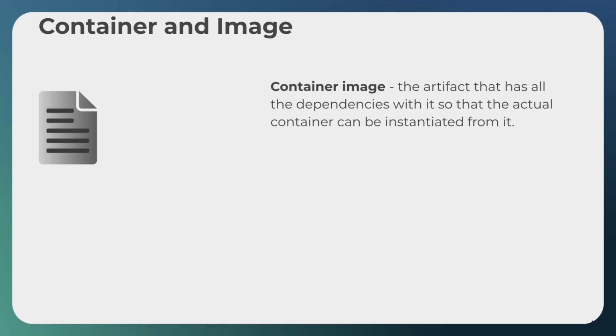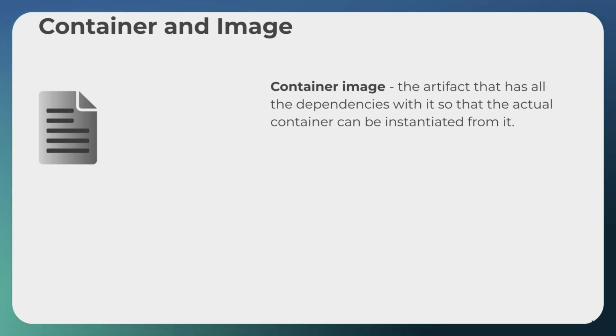Now, the next thing we need to look at is the difference between a container and an image, because this is the part where we're going to look at the lingo, the language, which is very important so we understand exactly what's happening. In order for us to have an actual container which can be run, we need to have an artifact, which in this case is called the container image.